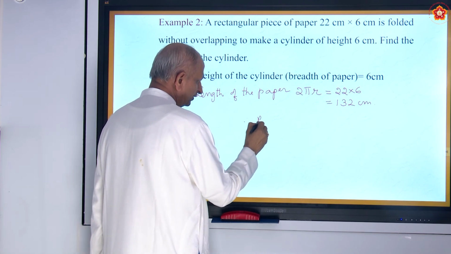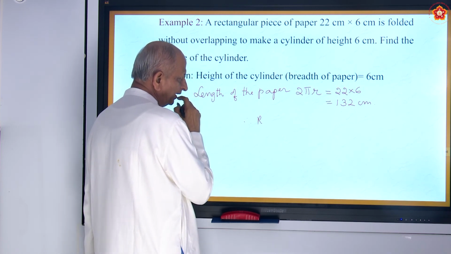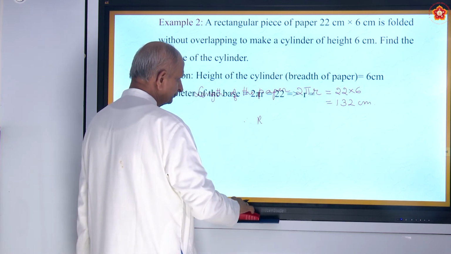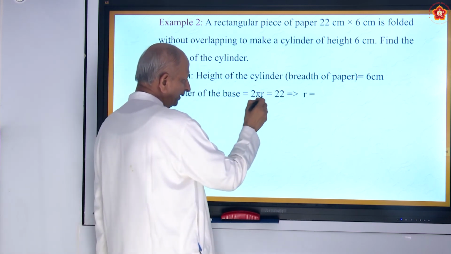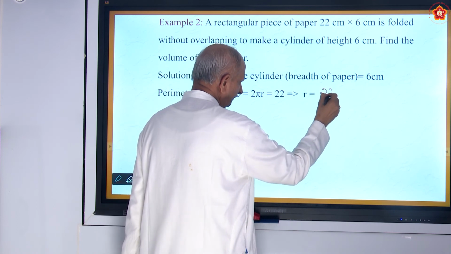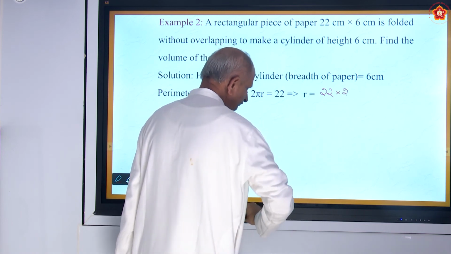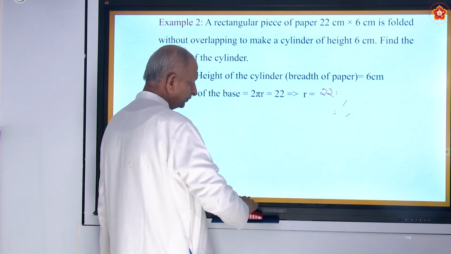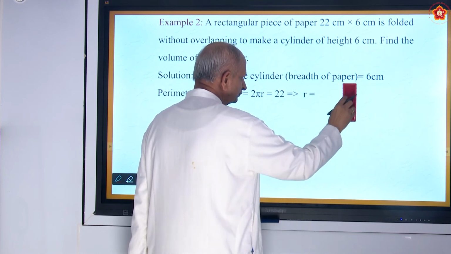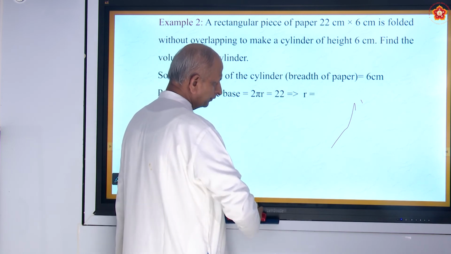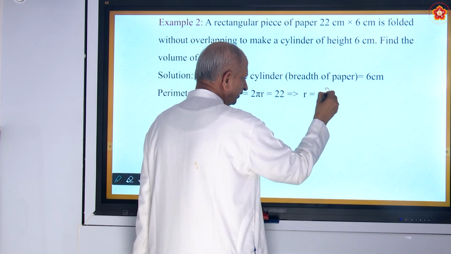So the radius of the base: 2 pi r is 22, so r is equal to 22 by 2 pi.